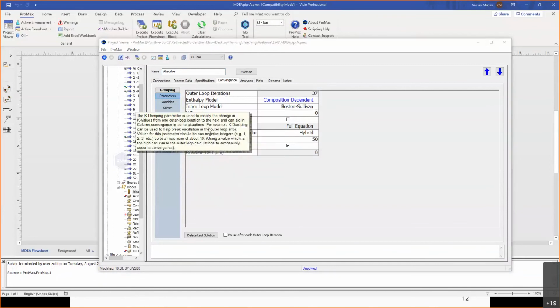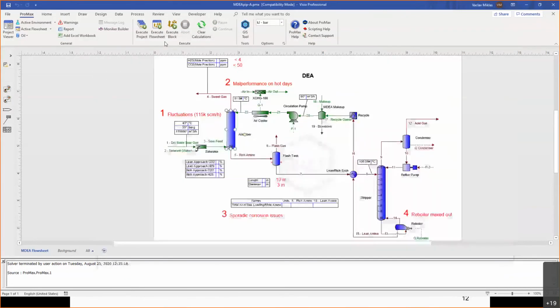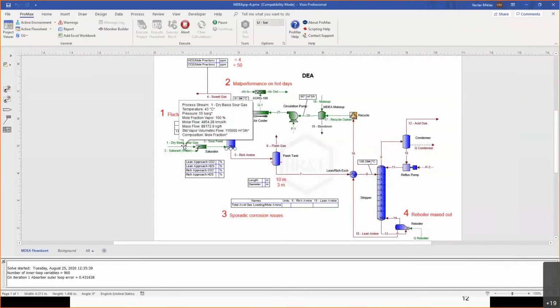If you take a look at what's this, it helps to break oscillations. So I'm going to try to increase this to the value of 2 and see how it helps. Okay, that looks better.